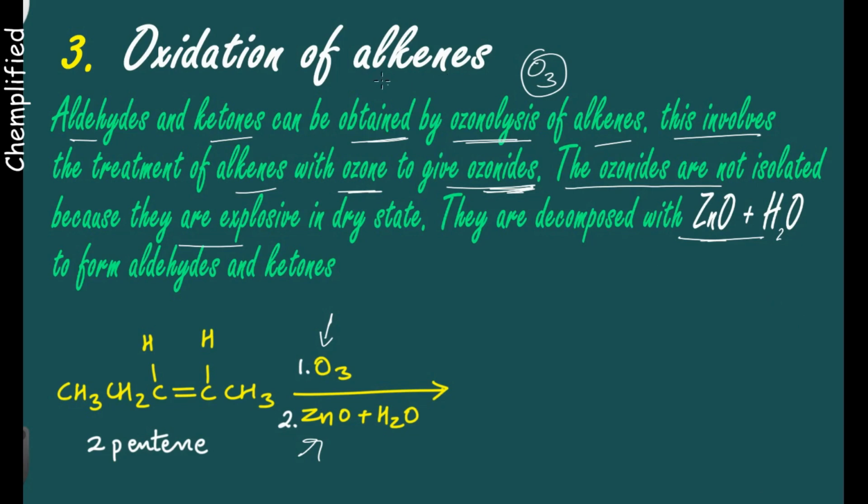For these kinds of reactions, always remember whenever you have an alkene and O3 in a reaction, it simply means that bond breaking will take place. This double bond will break and the carbon will combine with one oxygen atom. And the product will look like this.